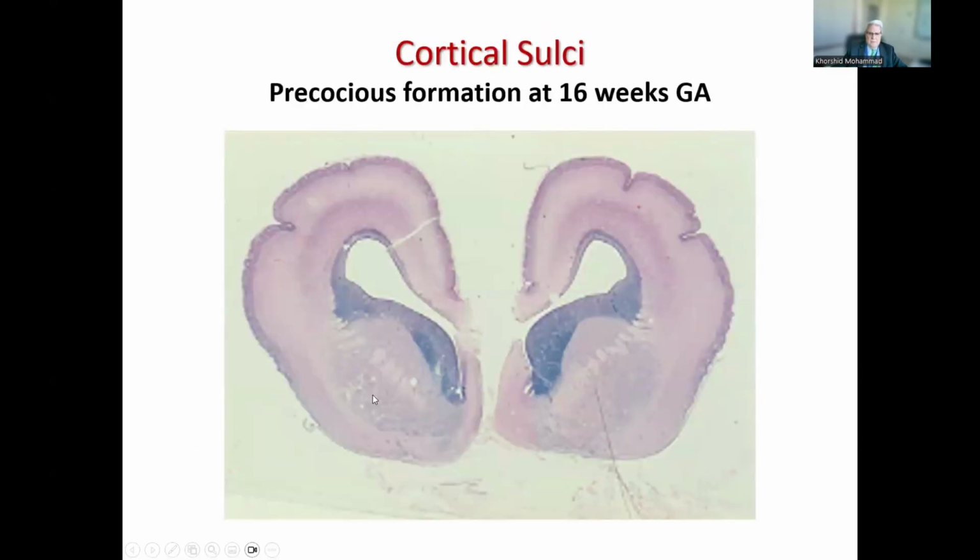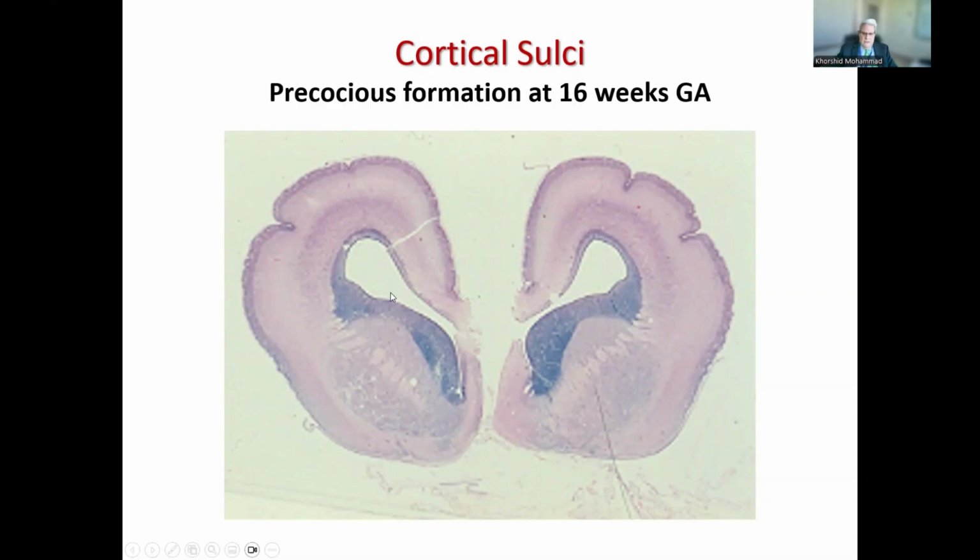Now, here's an example of precocious formation in a 16-week fetus. Here you can see coronal sections, the lateral ventricles. These are the frontal horns. The corpus callosum is artificially torn here. It should be continuous in the midline. And here's the internal capsule, white, caudate nucleus, and the putamen on the other side of the internal capsule.